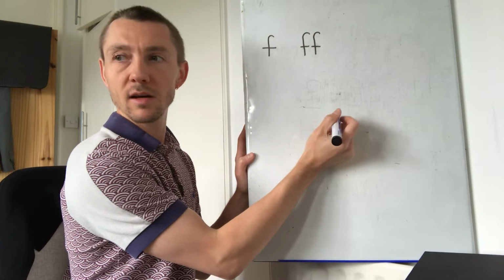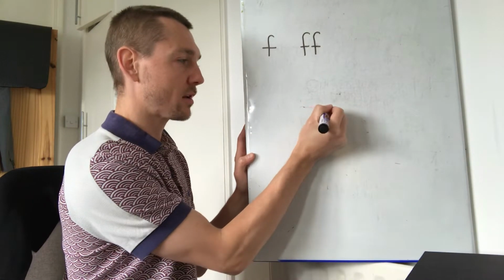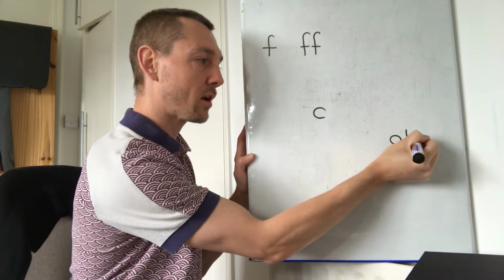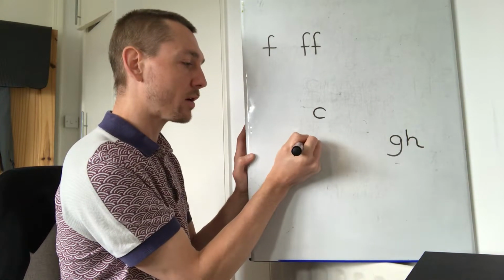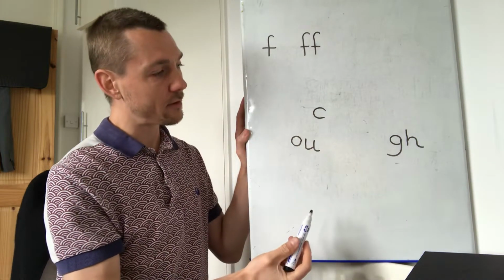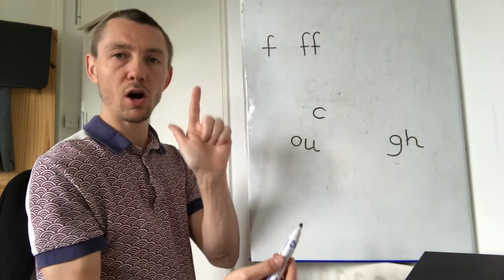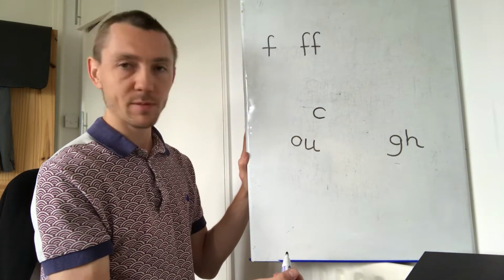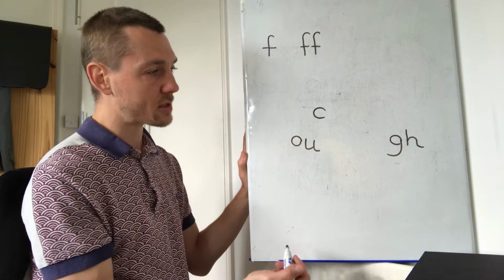So these are the sounds that you need to build the word cough. Okay? So look at them carefully. There are three sounds, k, o, f, cough. And we're going to build the word cough using just those three sounds.